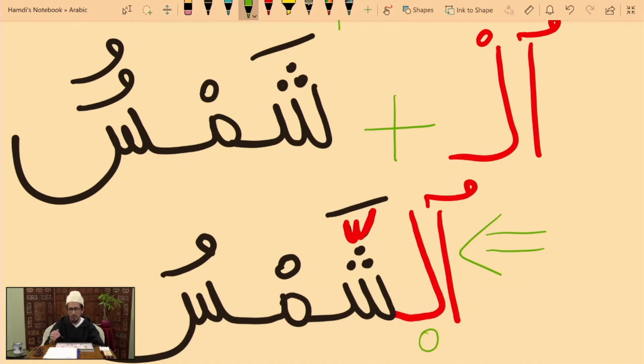The only difference is we don't put the sukoon on top of it, but we have another sign, which is the shadda on top of the first letter. So you see the difference.